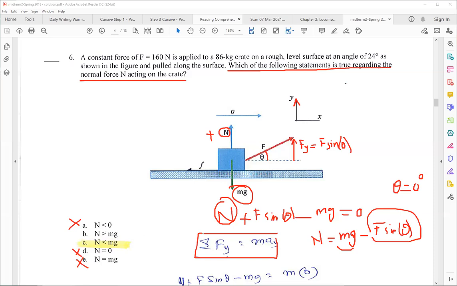And normal is not bigger because I'm subtracting here. I'm not adding. So normal is not greater than mg; it can only be less than. So normal is less than mg. Why? Because again, we're subtracting something from mg. I should get something smaller than mg.